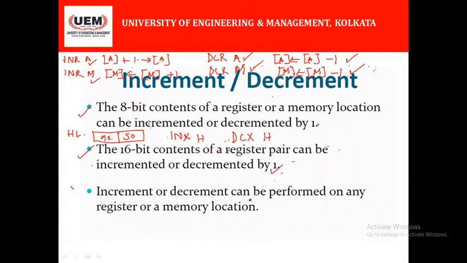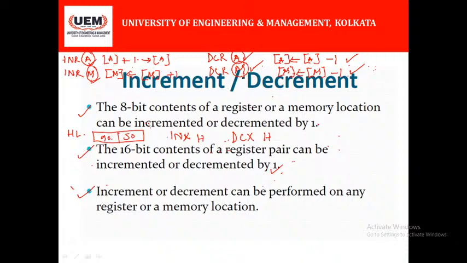Increment and decrement can be performed on any register or any memory location. You can observe that we are performing increment on a register and on memory. Similarly, we are performing decrement on a register and on memory.